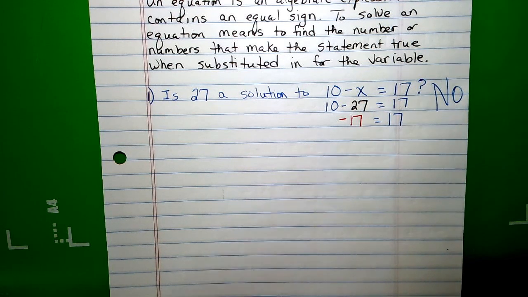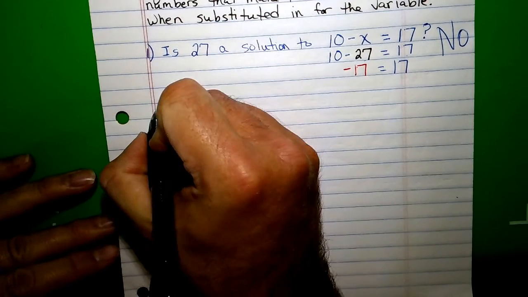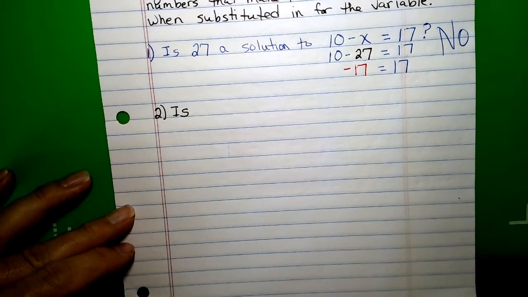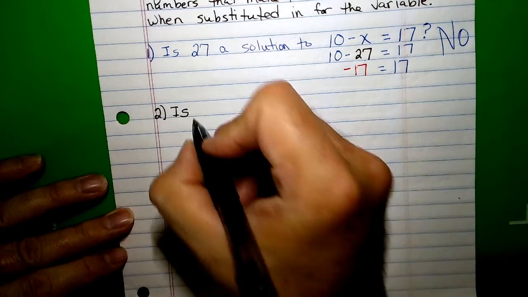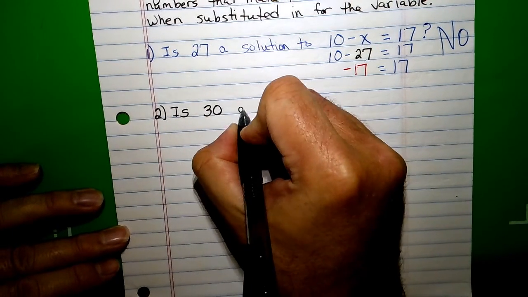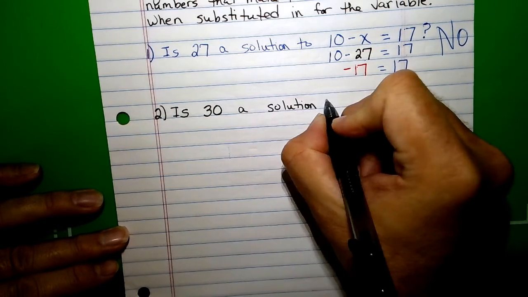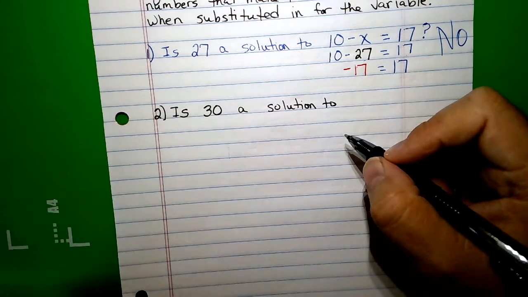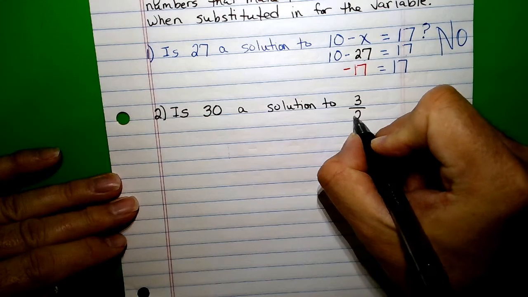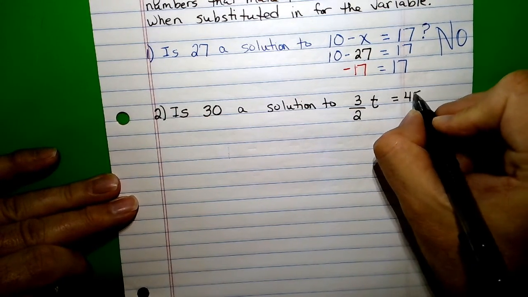Let's do another one. How about this one? Is 30 a solution to this equation? 3 halves t equals 45.